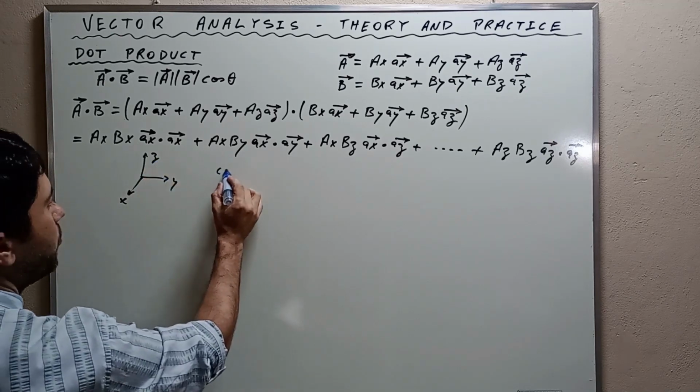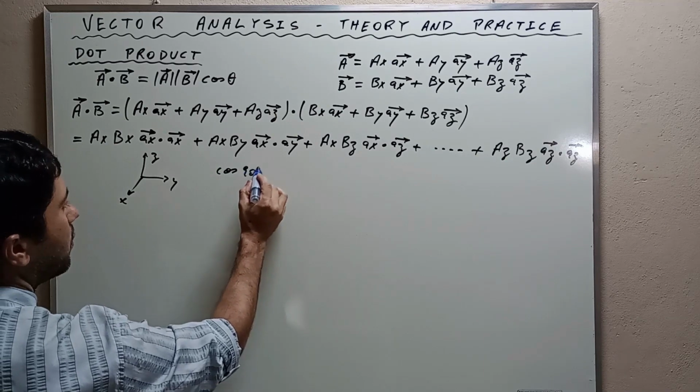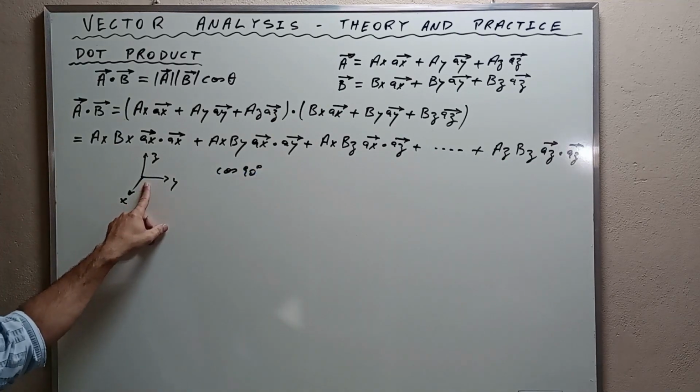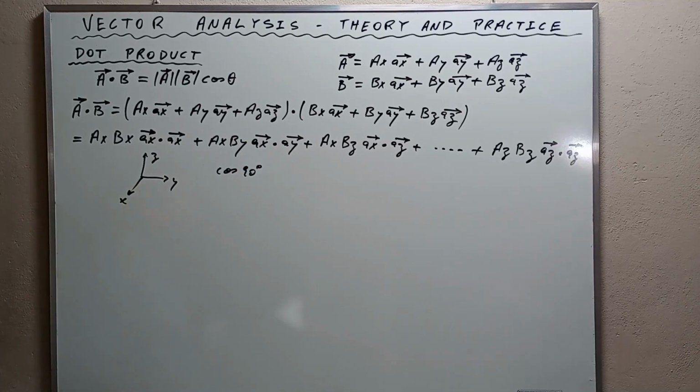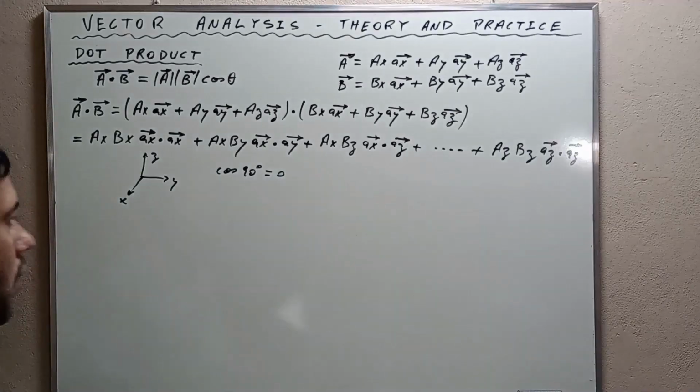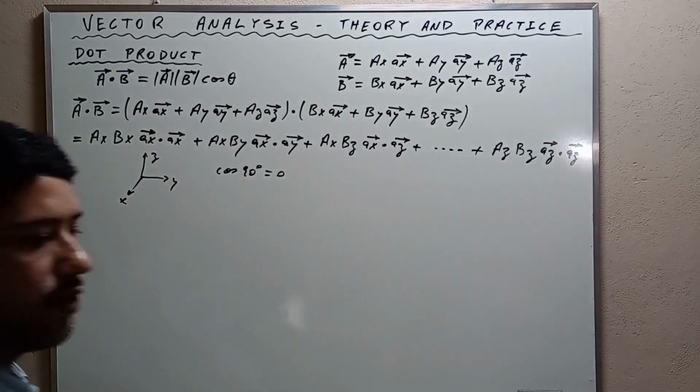The cosine between them, the angle between them is 90 degrees. So the cosine of 90 degrees is 0. Okay? And what do we infer from this?